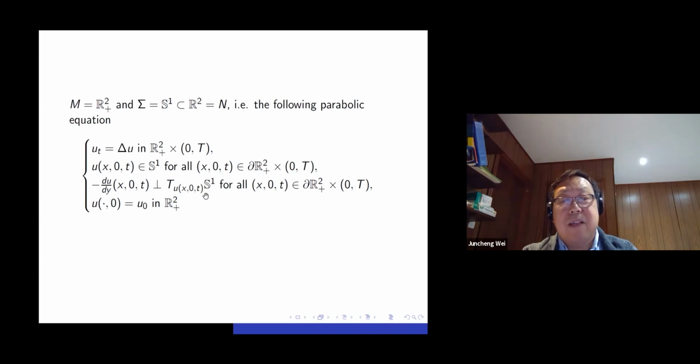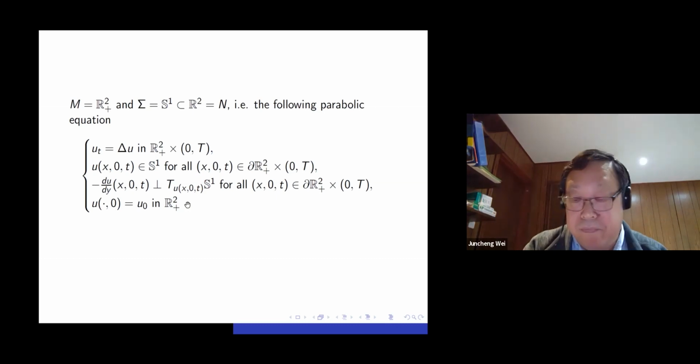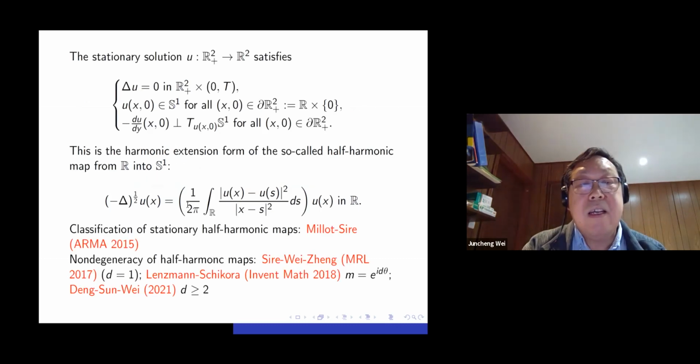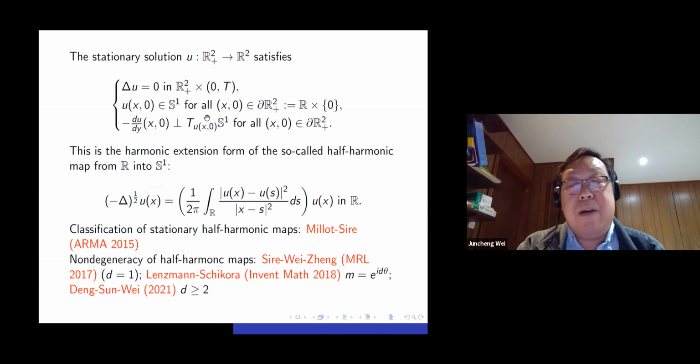So we have this parabolic equation. It is harmonic on the half space, parabolic on the half space, and then on the boundary you have some kind of Neumann boundary condition. The stationary solutions of this problem are the half-harmonic maps from R to S1, and this has been intensively studied in the last 10 years.